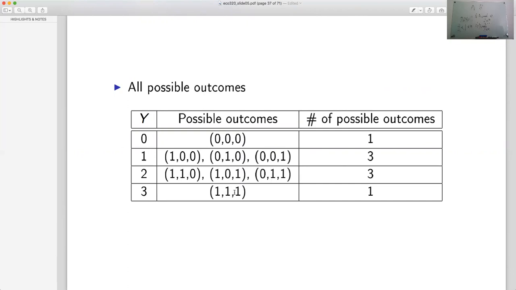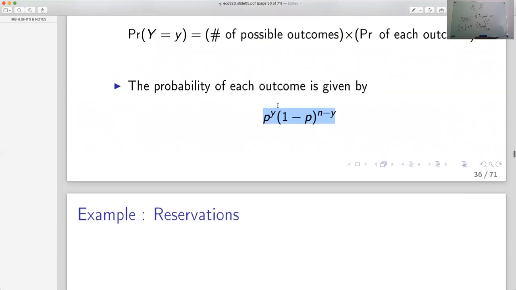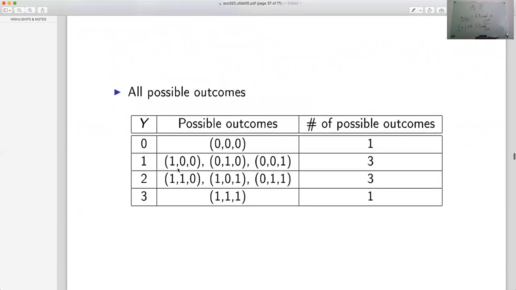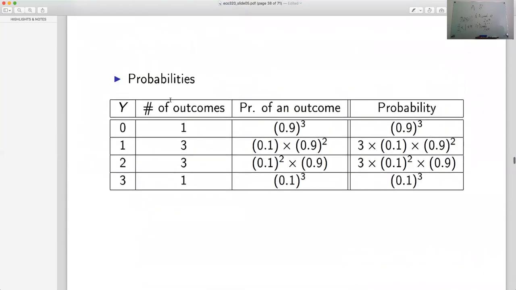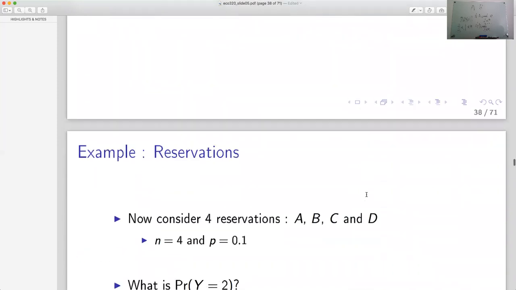And y equals 3, it's going to be 1. So these are the possible outcomes. You always need to multiply by the possible outcomes when you calculate y equals y. So the probability of an outcome is like that, but you need to multiply by those 3 possible outcomes to get the final probability, okay?